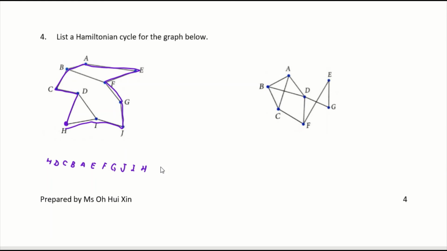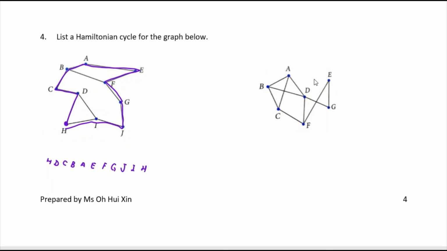Okay, so that's right. I believe in this case you can start wherever you want. If you start from A, then you will go all the way around and end at A. If you start from F and want to go the other way around, then you can go this way and end at F. Okay, so that's the idea.